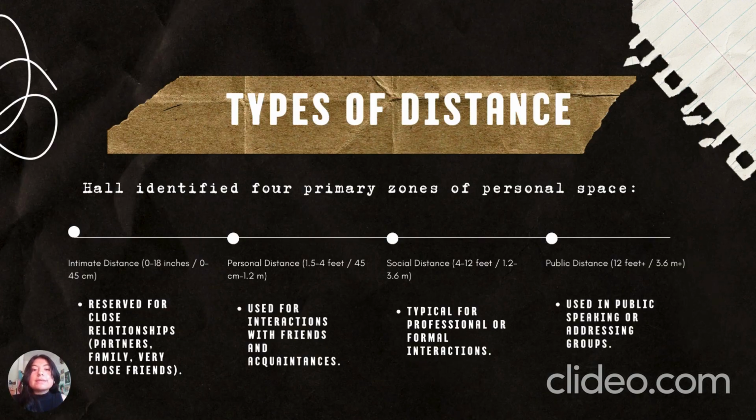Then, public distance, 12 feet or more, is used when speaking to a large group or in public spaces. At this distance, formal communication dominates and nonverbal cues are limited. Each distance has a purpose: intimate for trust, personal for friends, social for work, and public for larger groups. So it's important to know about it to maintain respect for every person.